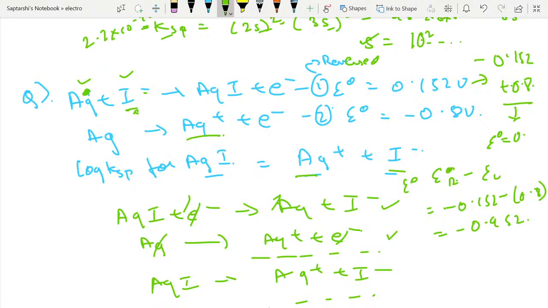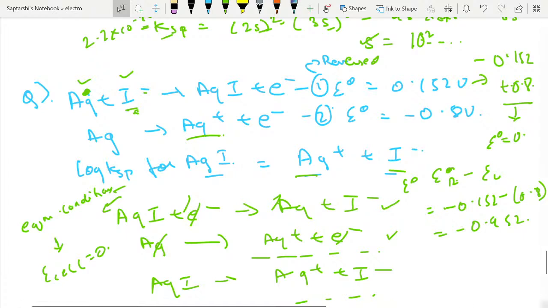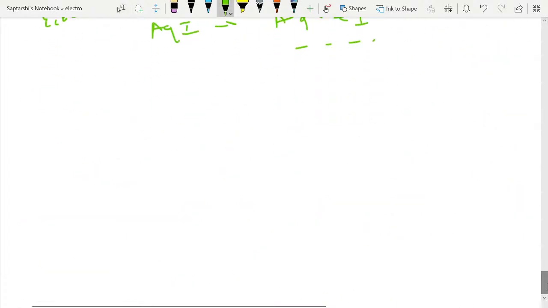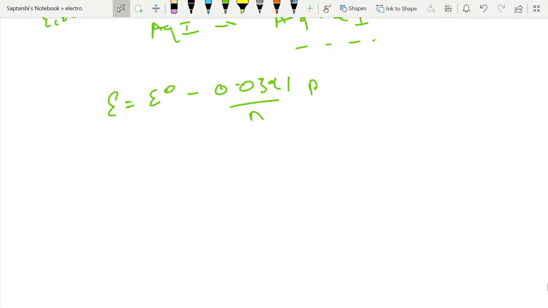And they are saying find log KSP. Log KSP is normally found in equilibrium conditions, right? We can think of it like that, and therefore E cell will be 0. Therefore, if we apply the Nernst equation, E is equal to E dot minus 0.0591, because at normal temperature conditions we are considering RT by NF, log of KSP.